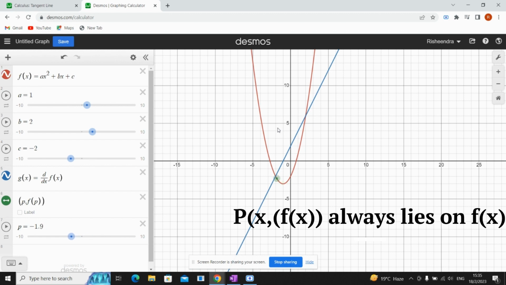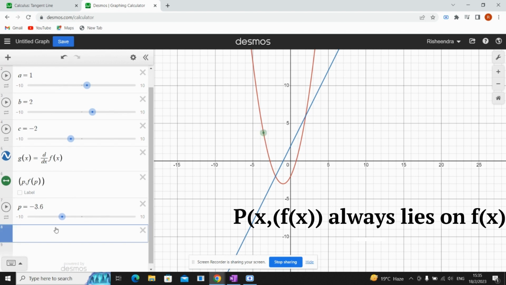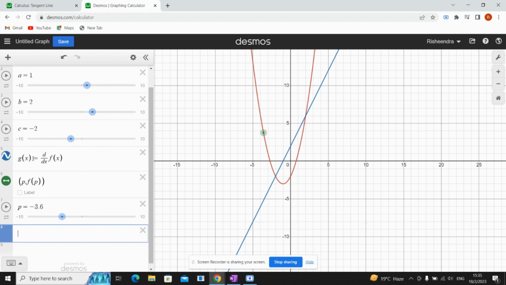See, good, right? The point is p comma f of p. Cool. Let's take another variable, and assume we want the slope at a particular point.